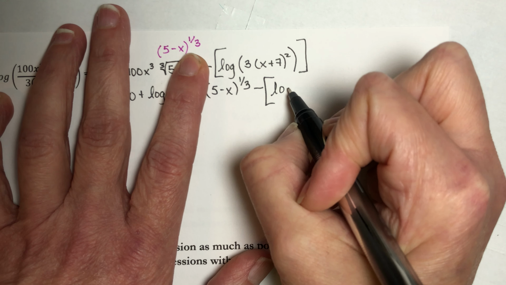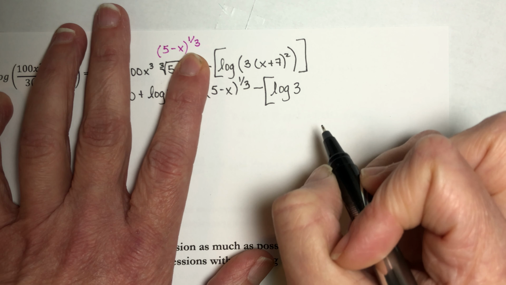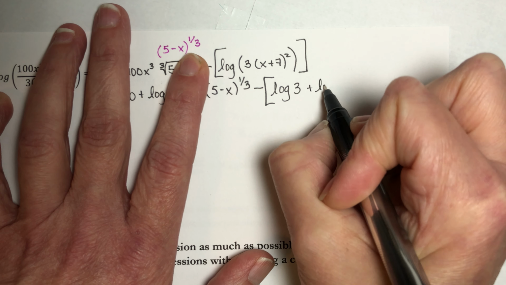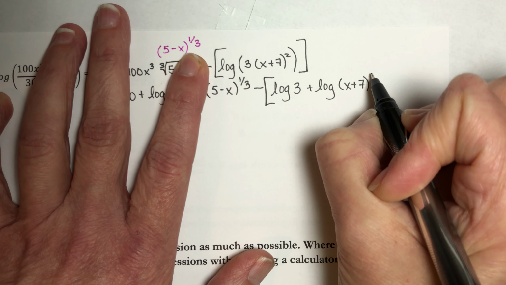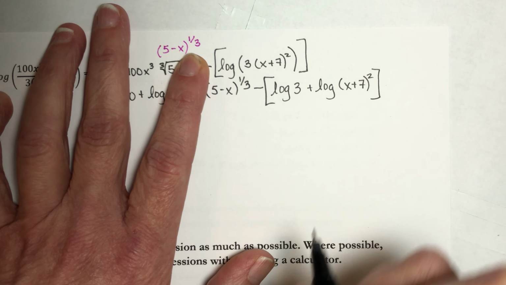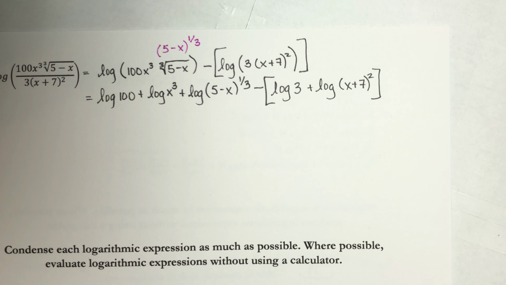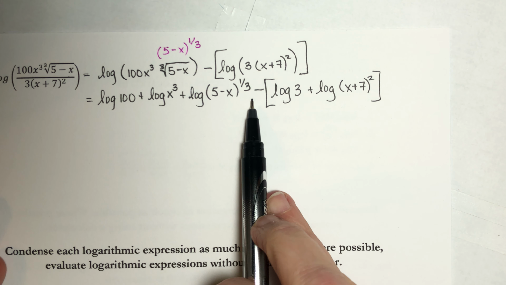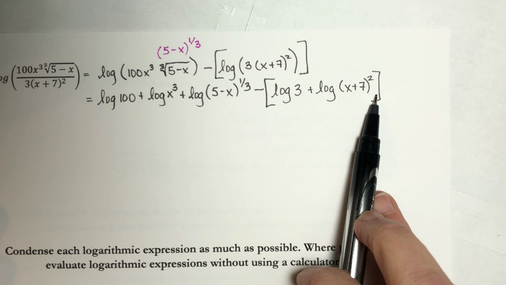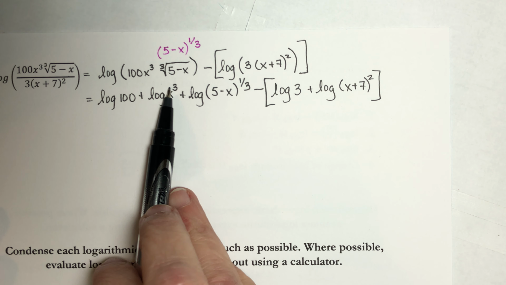This would be log of 3 plus log of x plus 7 squared. Okay, now I have a negative that's going to need to be distributed, and I've got several exponents here.